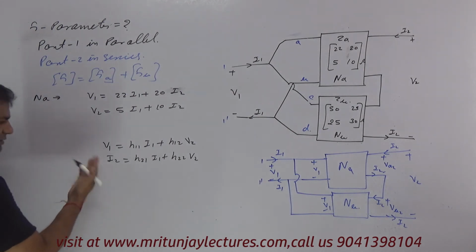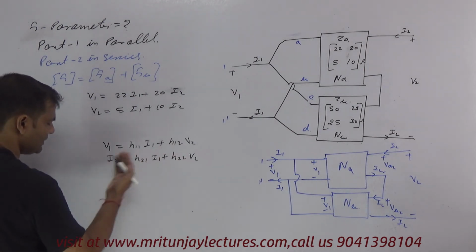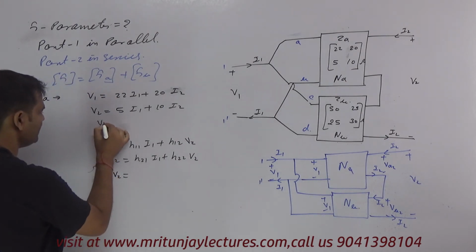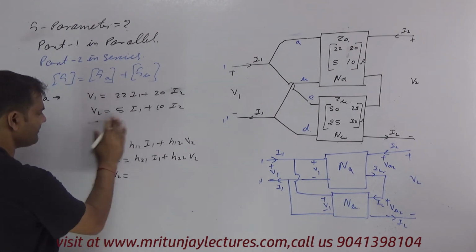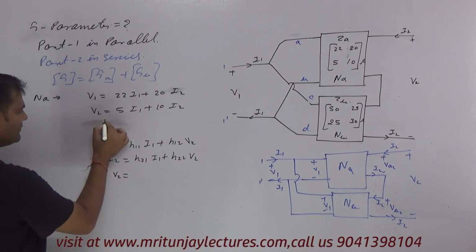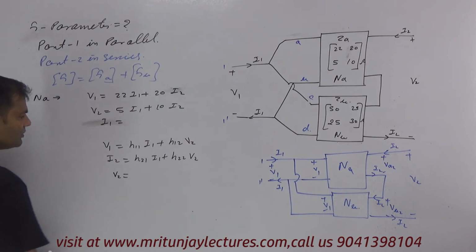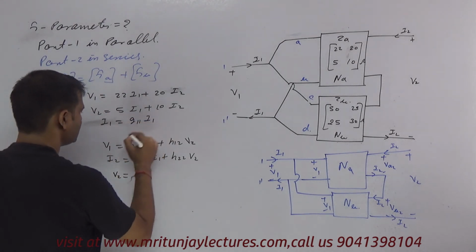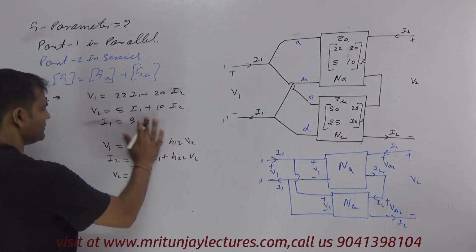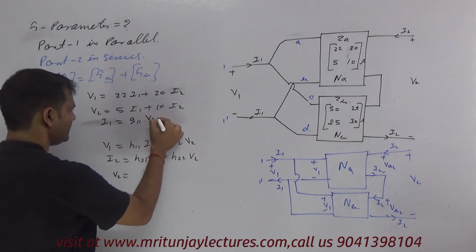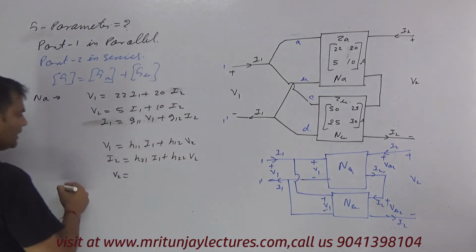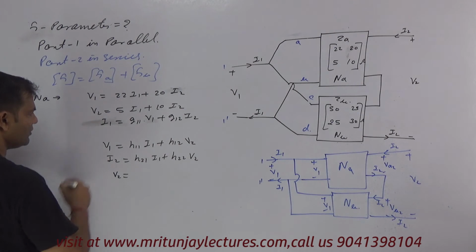So this is the inverse of, means if both are replaced here, first of all I1 is equal to G11 into V1 and G12 into I2. Okay, now what about V2?